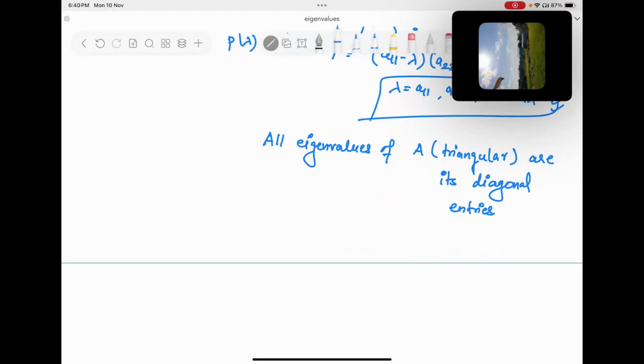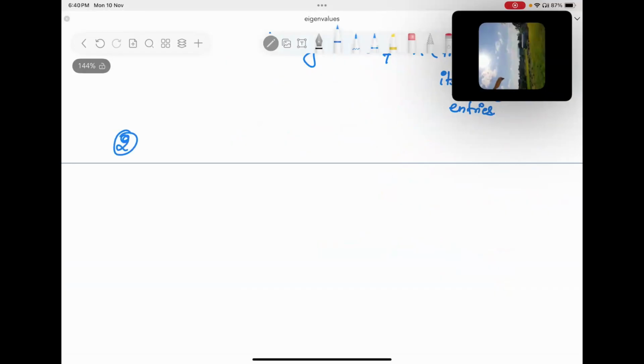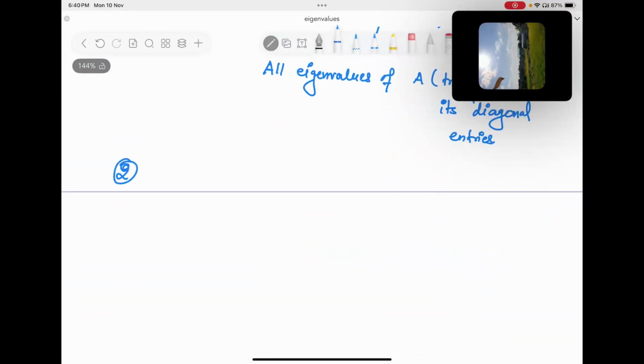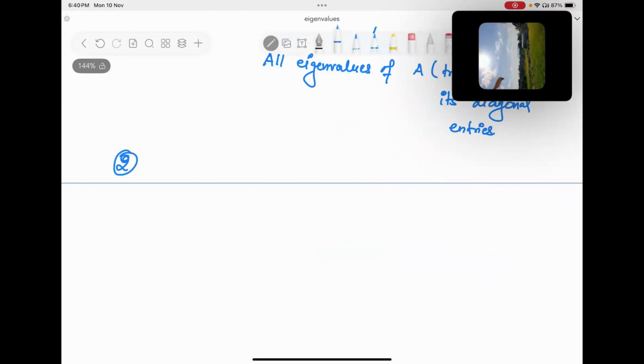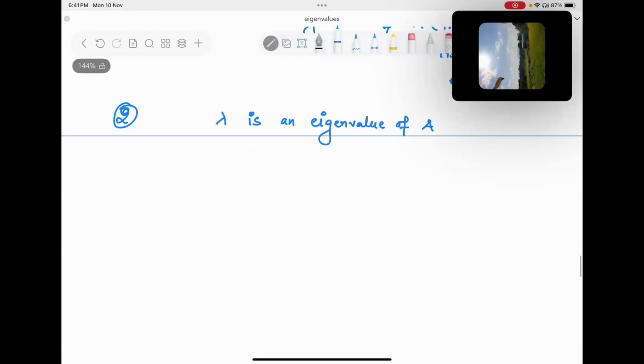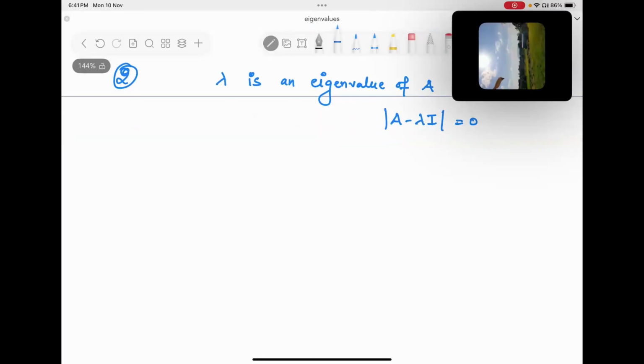Now, the second property. By using these properties, it's very easy to calculate the eigenvalues of many matrices. Suppose lambda is an eigenvalue of A. Then you can write that the determinant of A minus lambda I is equal to 0. Now what can you say about the determinant of the transpose of A minus lambda I?